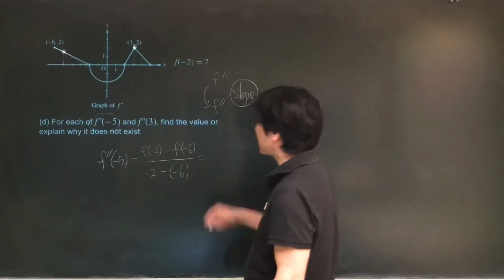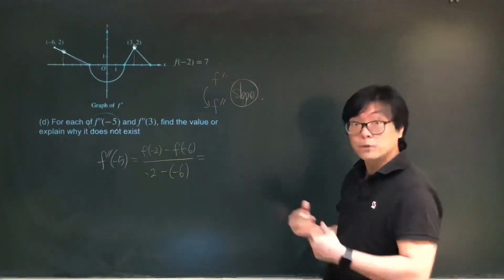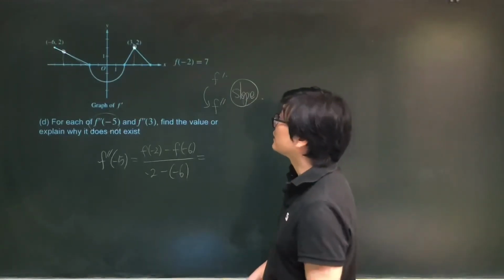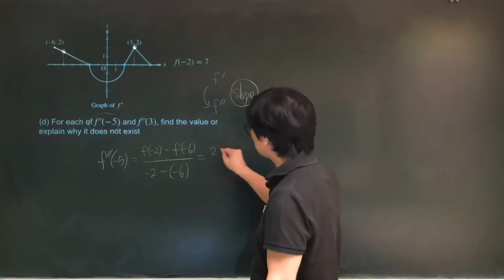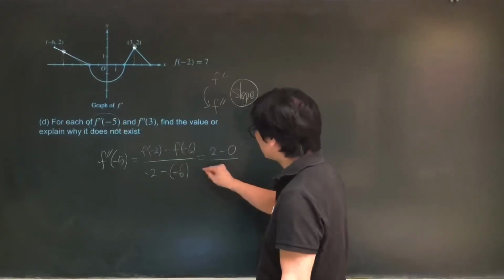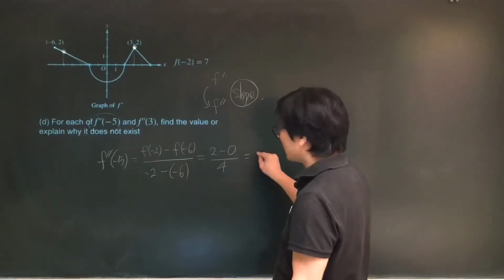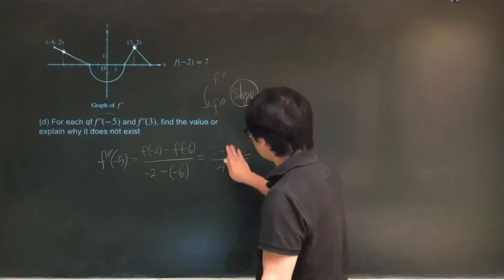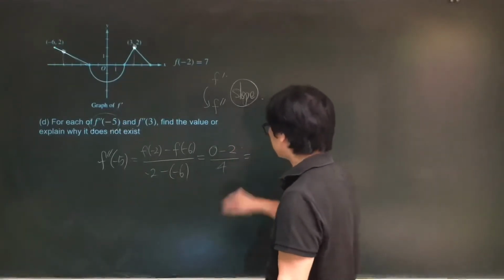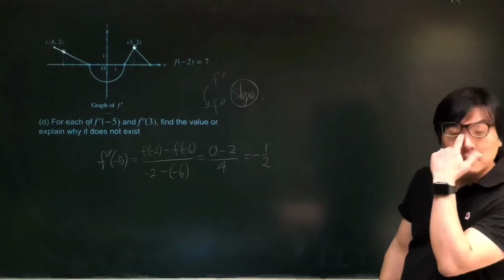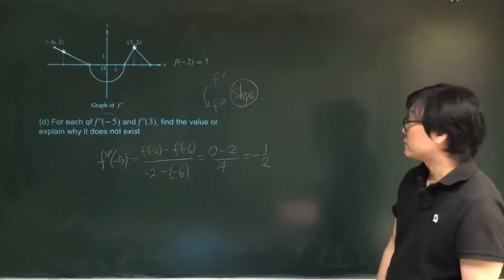You can write it this way for the free response question to show your work in detail. That is just 0 minus 2 over 4, so it's negative half. That's the value for f double prime at negative 5.